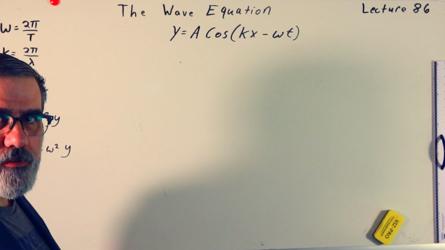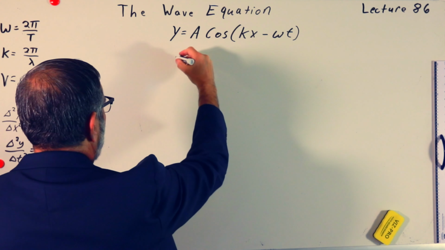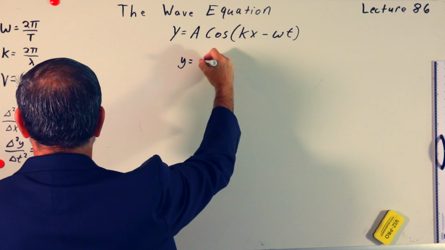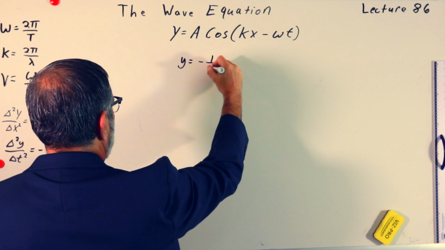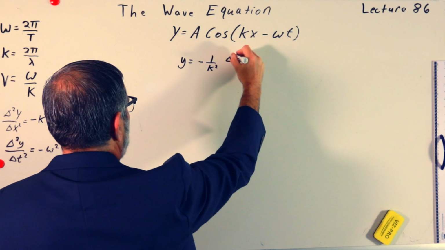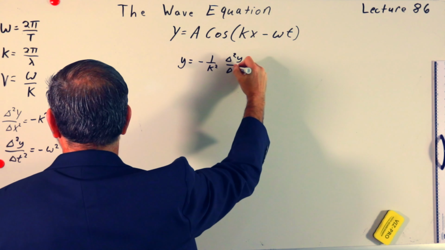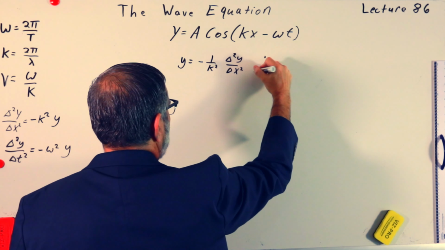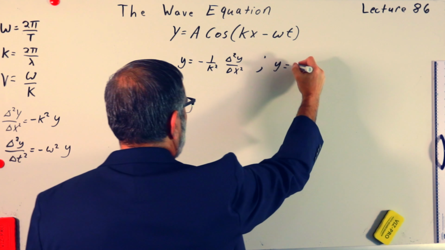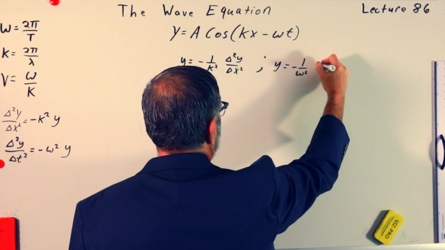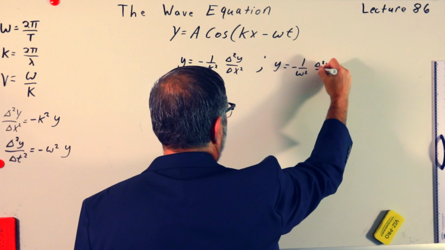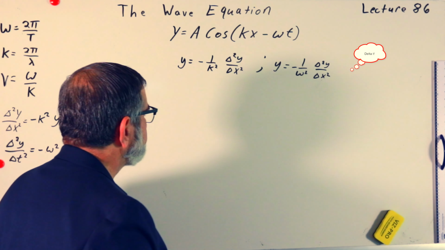So I can solve both of these for y, okay? And I'll get that y equals minus 1 over k squared times delta 2y over delta x squared, and y is equal to minus 1 over omega squared delta 2y over delta t squared.